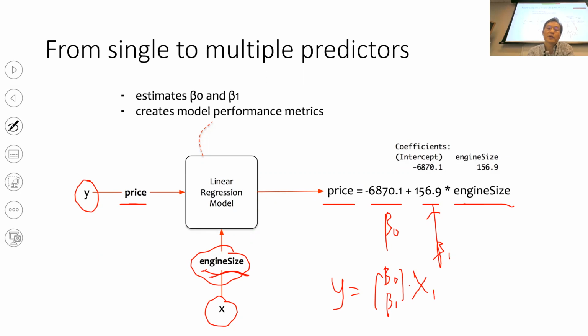If you do this one by one, so you have each y, you have one sample, then you can write out each individual equation, or otherwise you just write it in the matrix format.